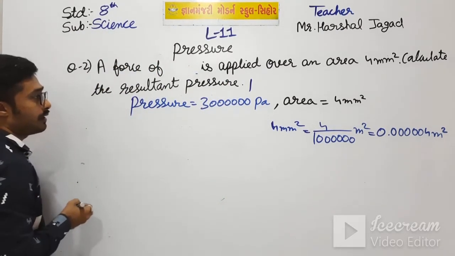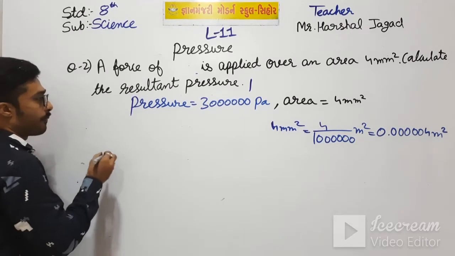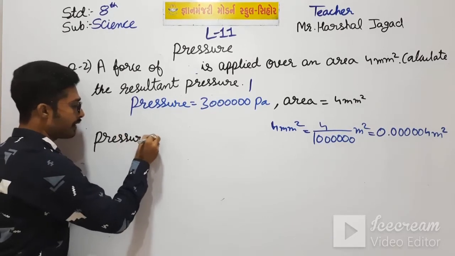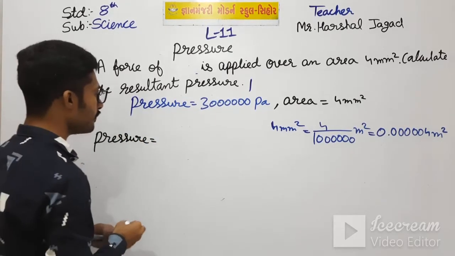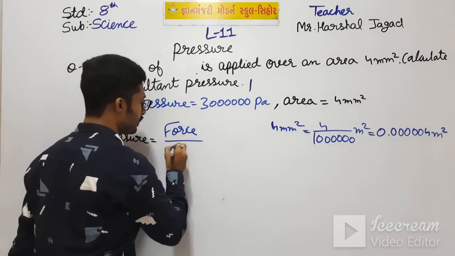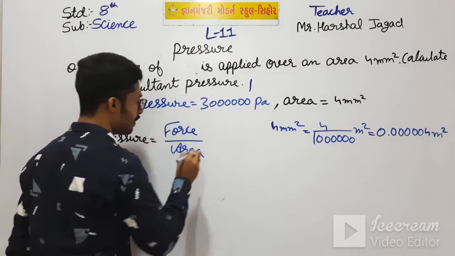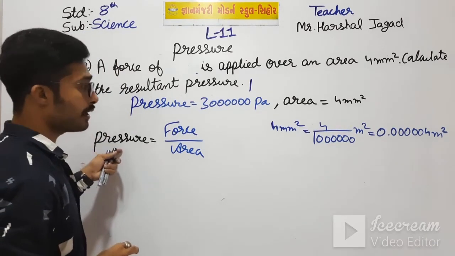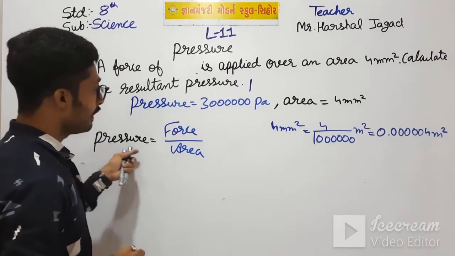Now what is the formula of pressure? That is pressure is equal to force per unit area. Okay students, but here we have given the pressure and the area.